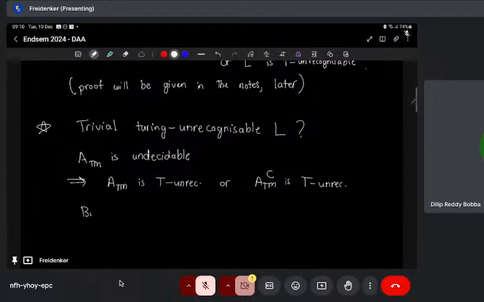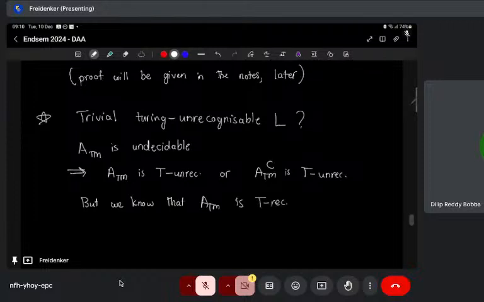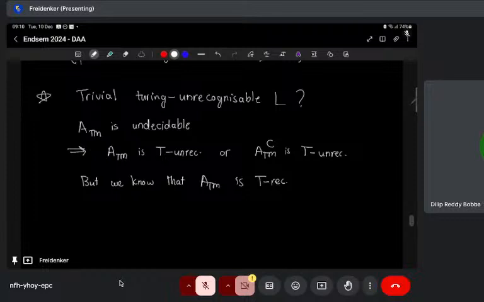But we know that ATM is Turing recognizable, because we found a Turing machine that accepts the input from ATM, which was essentially the universal Turing machine, right? So what does this mean?